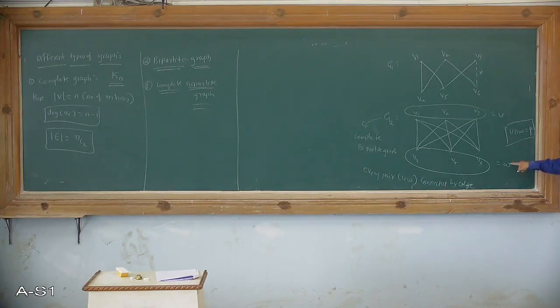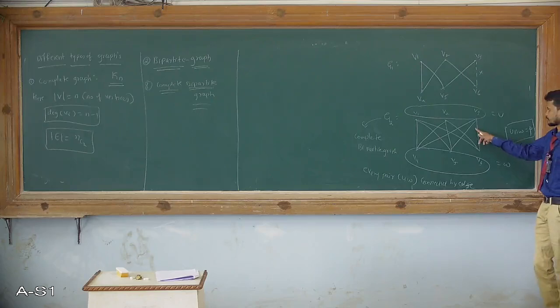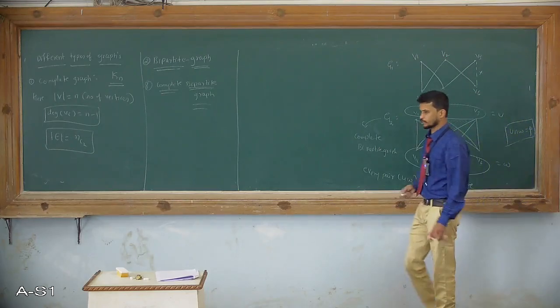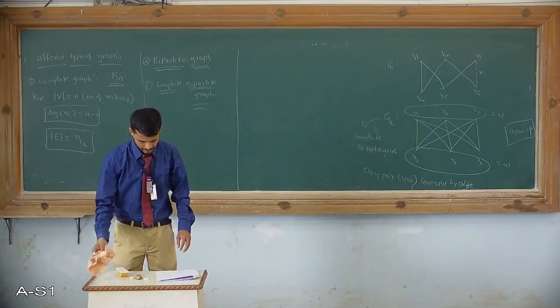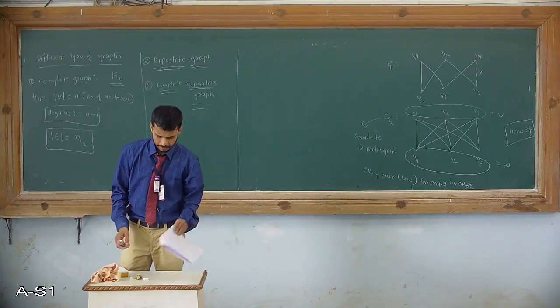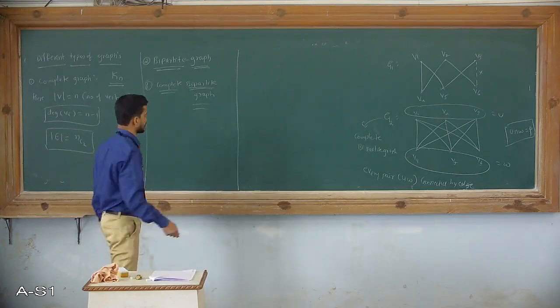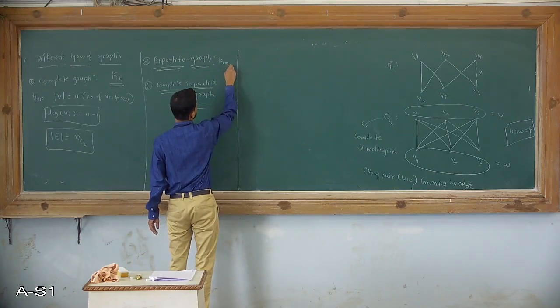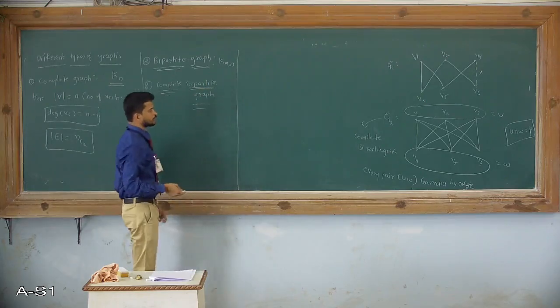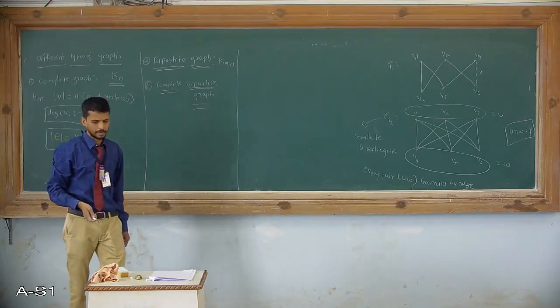If U intersection W is a null set, and every pair of vertices U, W is connected by an edge, then that type of graph is called a complete bipartite graph. These graphs are represented as K(m,n). So this graph is called a bipartite graph.